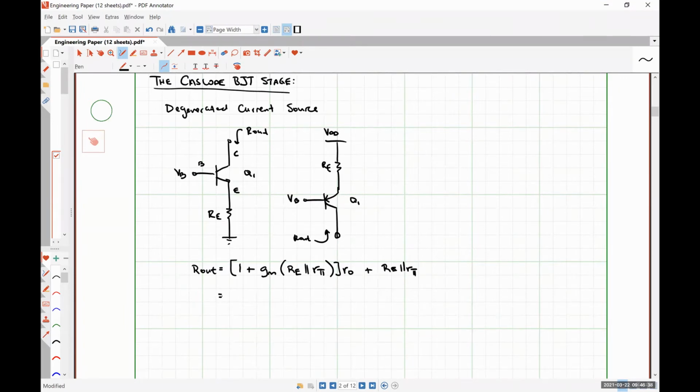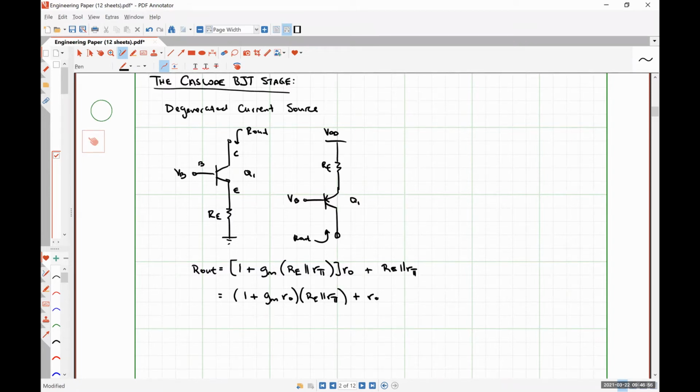And this can be rewritten as (1 + gm ro) multiplied by (RE in parallel with rπ), plus ro.